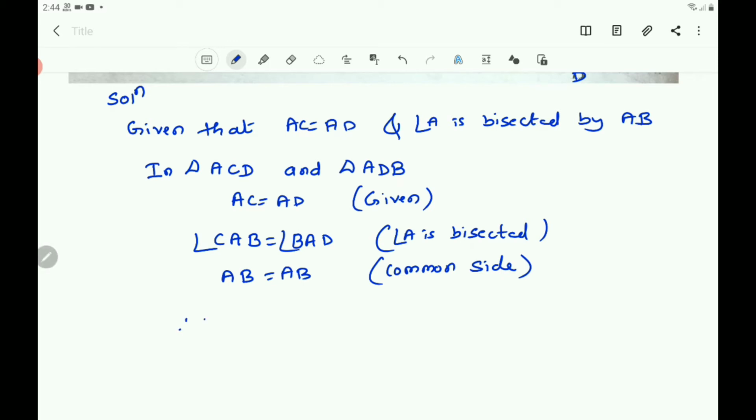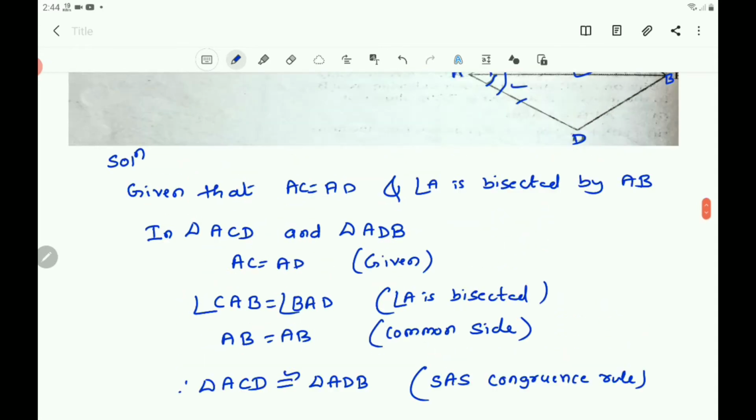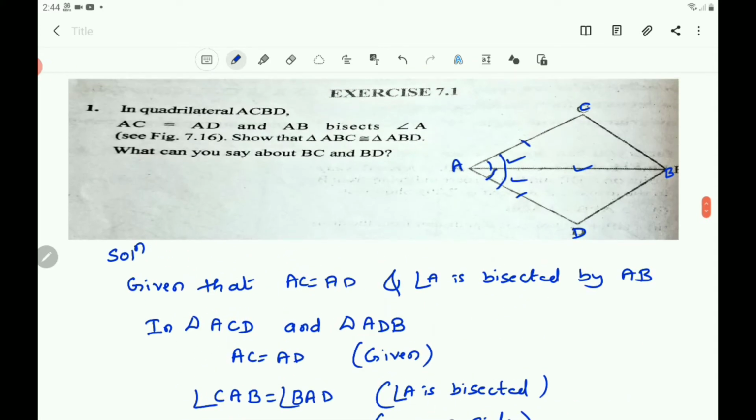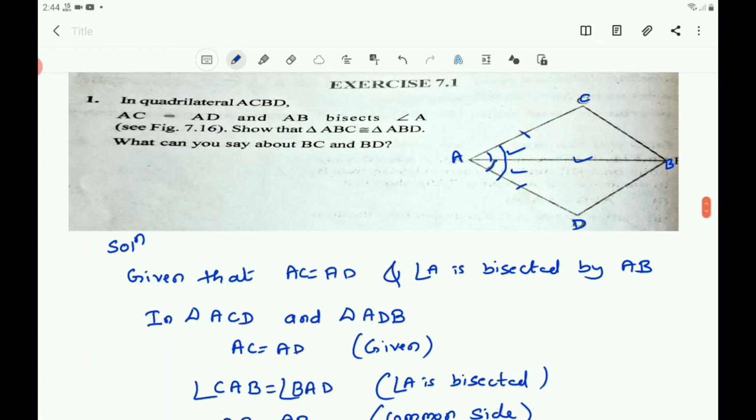Therefore you can write triangle ACD is congruent to triangle ADB. Which congruence rule is used here? That is side angle side, SAS congruence rule. Then the corresponding parts of the congruent triangles are equal.